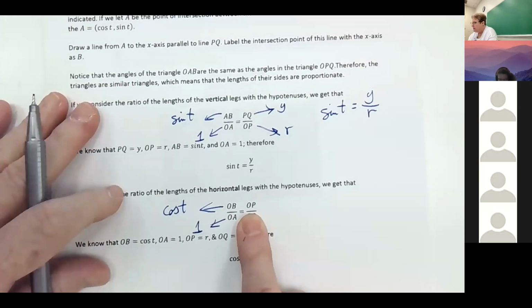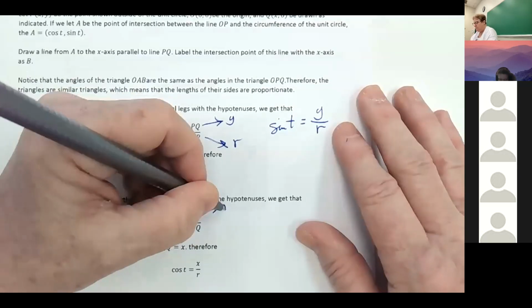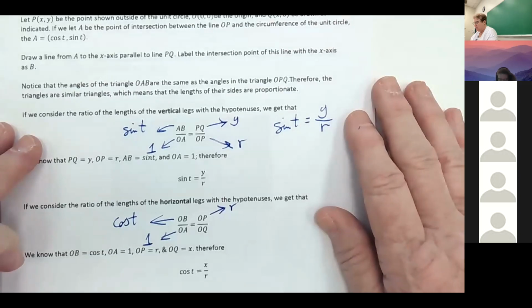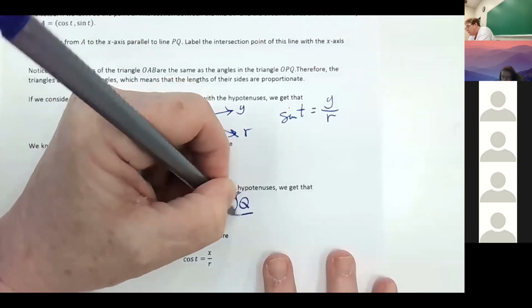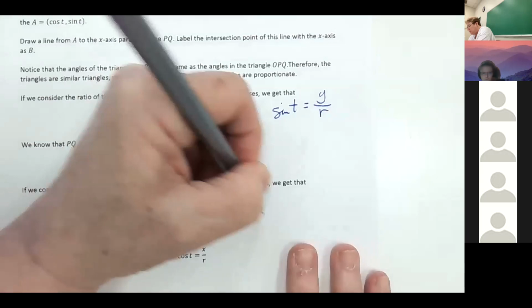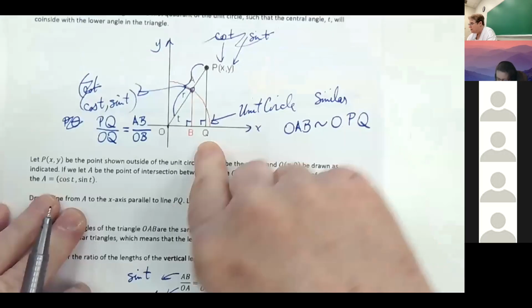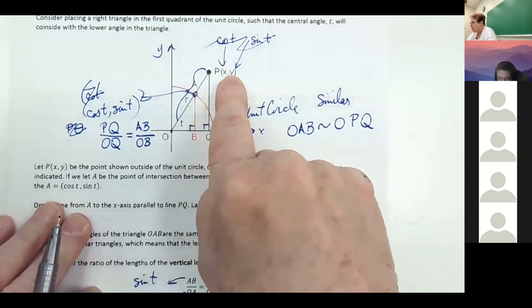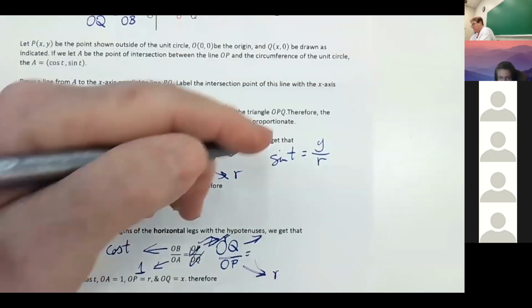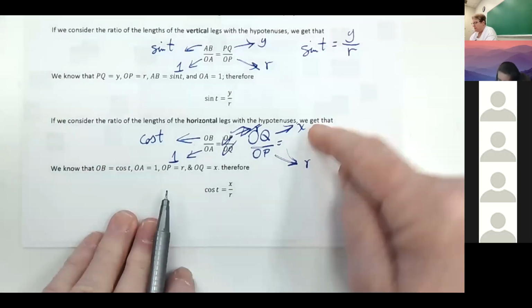OP, that's R. And this is flipped, OQ over OP. OP is R. And yes, OQ, the distance from O to Q along the x-axis, is going to be x, because the coordinates of P are x comma y. And that's how we get that the cosine of T is x over R.